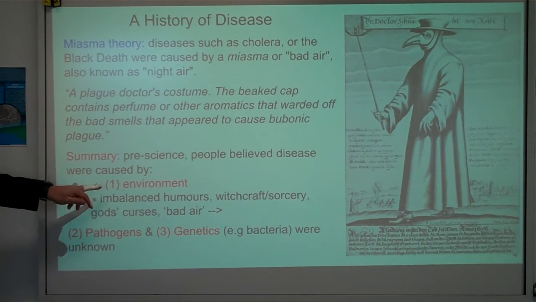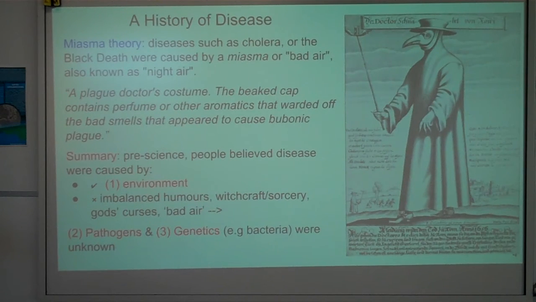Okay. These key points: environment, pathogens, genetics. There's three ways to get sick. And that's it. You will need to remember those, not for this course actually, but for year 9 certainly. One of the reasons that microscopes are important is for pathogens. That allowed doctors to examine things and say, hang on a minute, there's a whole world down there.